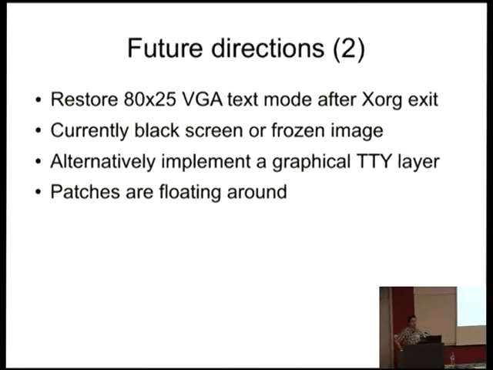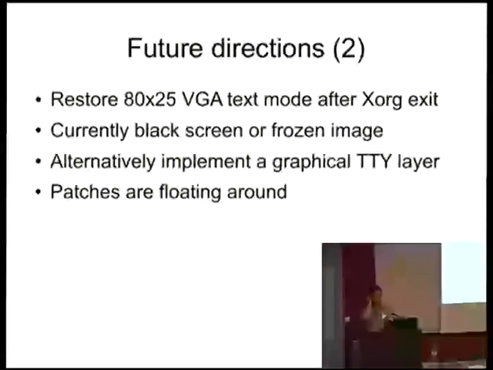We also have a small issue where once we start running X with DRM KMS drivers, the GPU is not restored to a VGA compatibility mode and will lose the 80 by 25 VGA text mode.